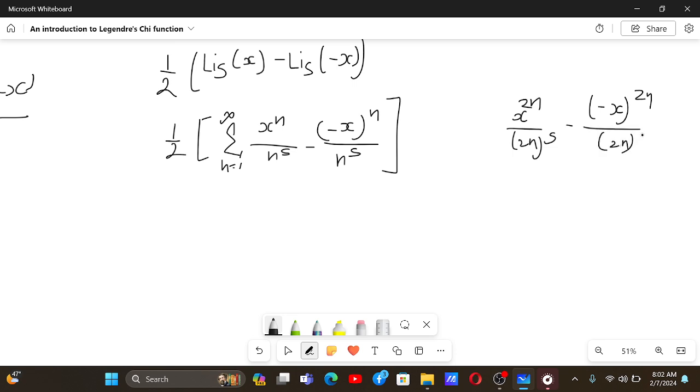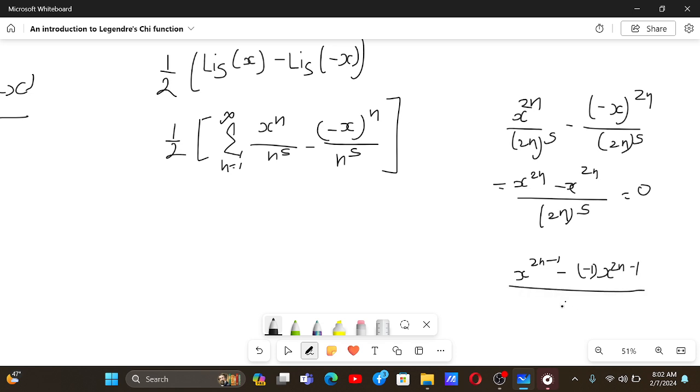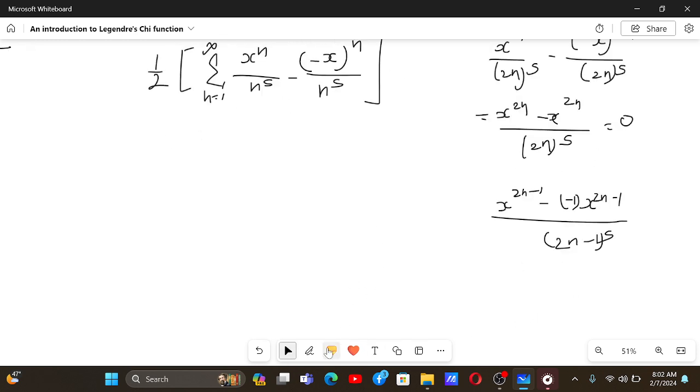Since it's an even power, minus x to the power 2n is the same as x to the power 2n itself, so both of the terms cancel out for even powers. But for odd powers, the minus comes out and we have x to the power 2n minus 1, so those two are added. That's why in odd powers we have 2 times x to the power 2n minus 1 by 2n minus 1 to the power s.